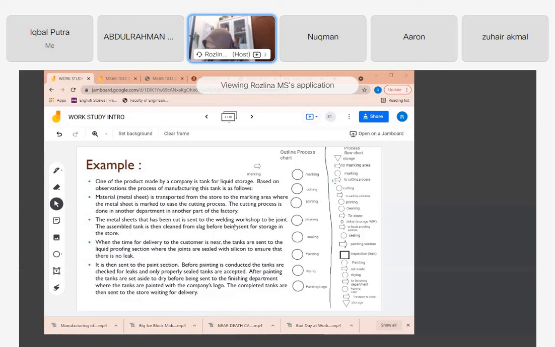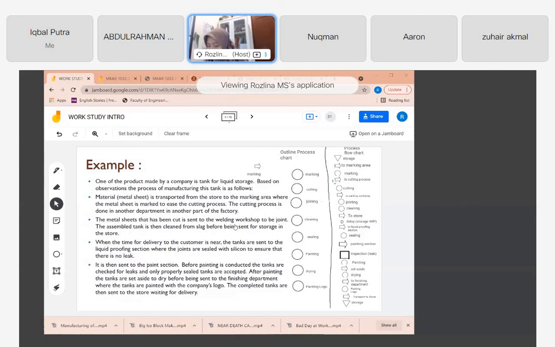You asked about the delay just now, the to store and delay. Because after cleaning slack, you have to move the cleaning slack to the store. So you put the operation cleaning slack, then to store. So transportation to store.